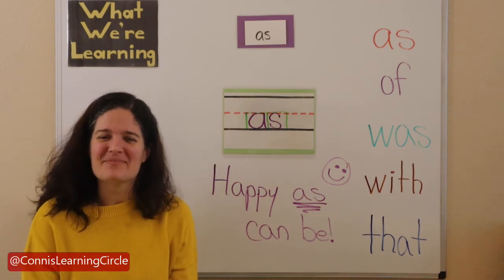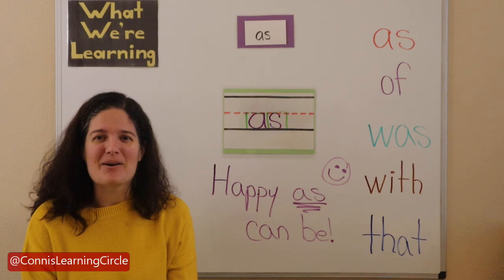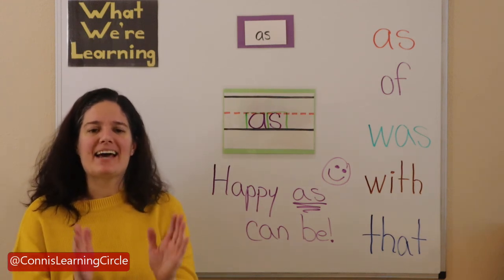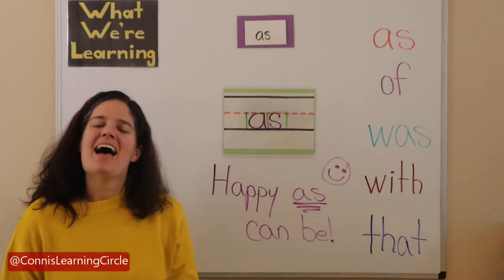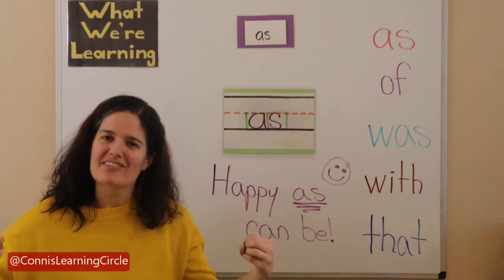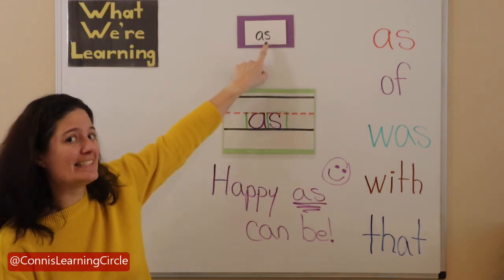Awesome job. Thank you so much for coming and learning all that there is to learn about our word as, our sight word as. We learned that it has how many syllables? 1 syllable, as. And when we stretched out those syllables, we could hear our A and our S, as.